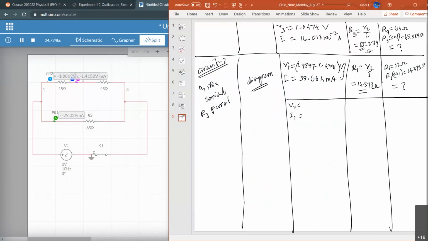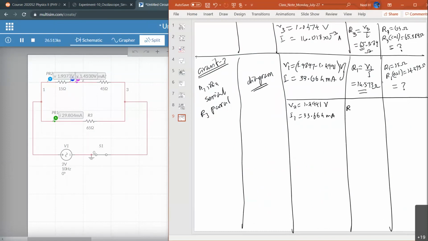V2 is going to be 1.4991 volts, and the current passing through is the same segment, same current, 33.664 milliamps. Now you can see how these are connected. Although we are doing AC circuit analysis, you are doing the calculation using Ohm's law, and you also need the idea of Kirchhoff's rules. If you have the same line segment, the current must be the same.